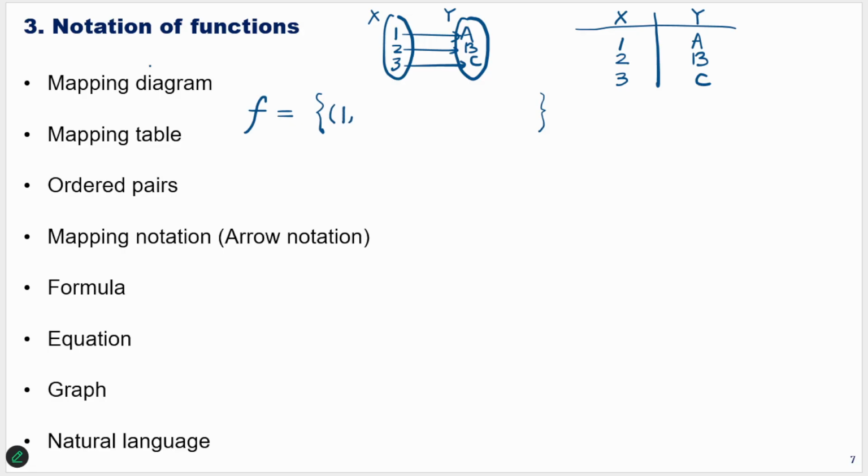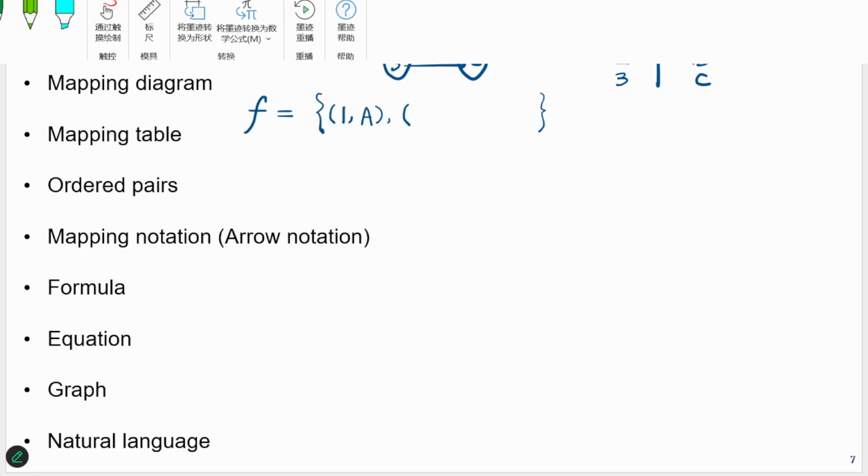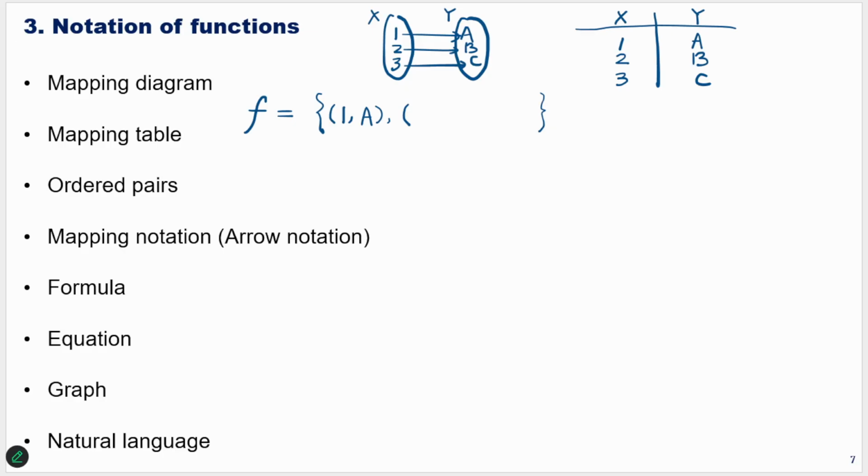When the input is 1, the output is A, when the input is 2, the output is B, and then when the input is 3, the output is C, right? This is another form to express the function, which is called ordered pairs.